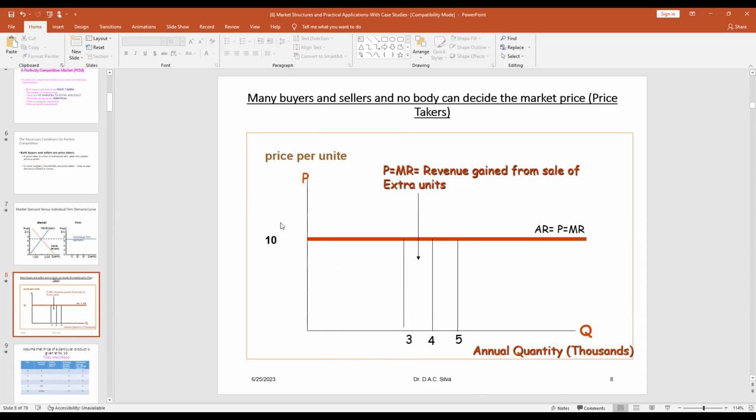How do you calculate average revenue? You divide total revenue by quantity. Marginal revenue you might not know; I will tell you how to calculate it, but I would like to see total revenue and average revenue. Calculate and let me know. I will give you 5 minutes.